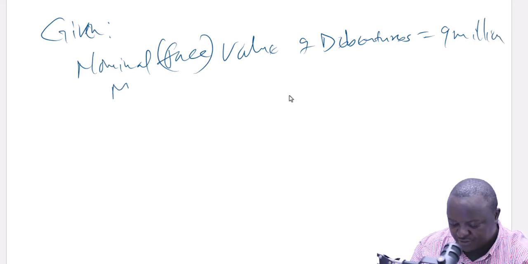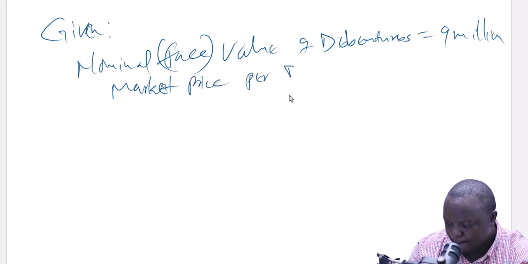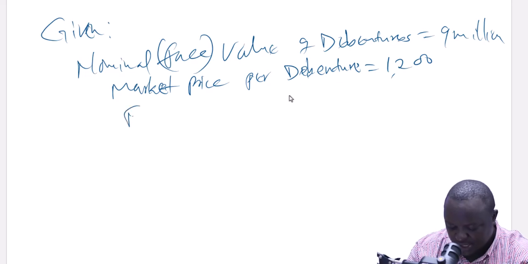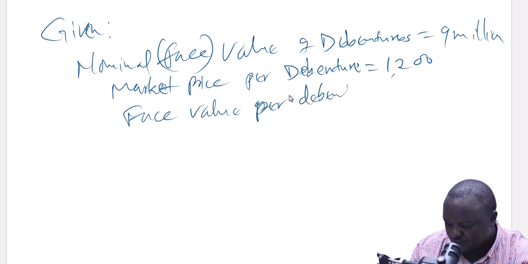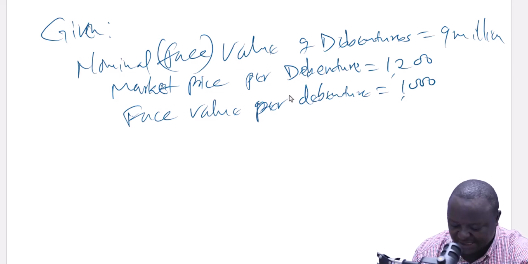So we have the nominal or face value of the debentures being 9 million. Then of course we have the market price per debenture equals 1,200 shillings, and the face value per debenture equals 1,000 shillings. So we need to determine the number of debentures.